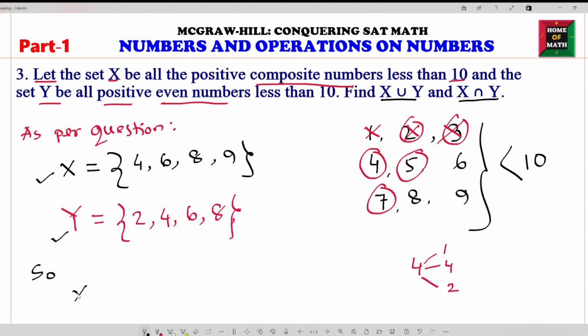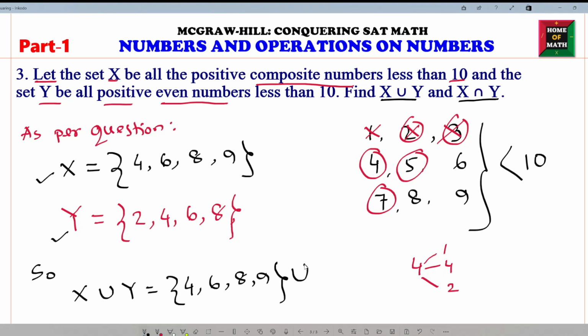So X union Y. X is 4, 6, 8, 9. Okay, then union Y, Y means 2, 4, 6, 8.